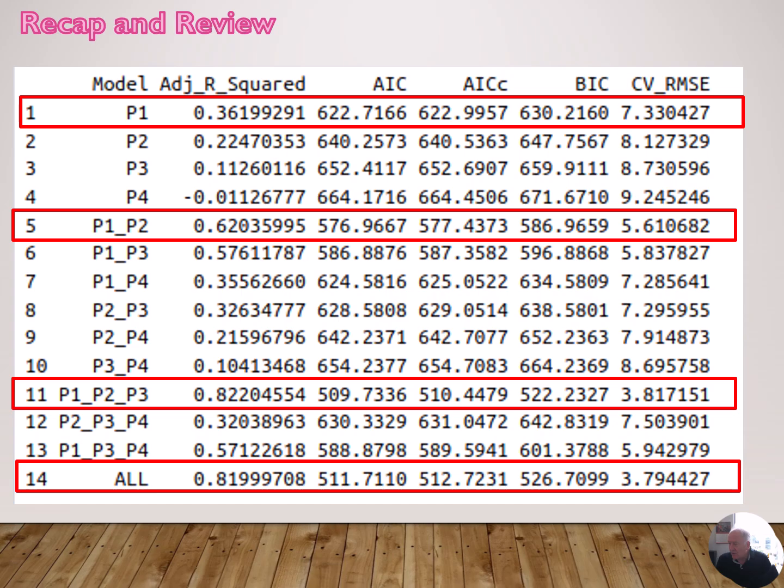And of course, using all of them, we definitely get a good adjusted R-squared value, that's kind of getting close to 1. But we see that AIC is actually a little higher, and the corrected AIC is also a little higher than just using the three predictors, P1, P2, and P3.